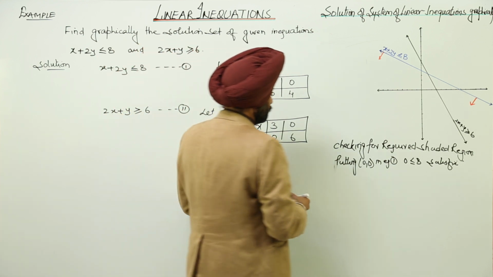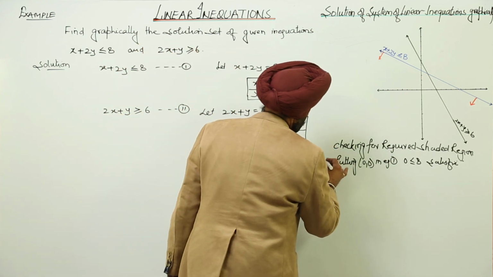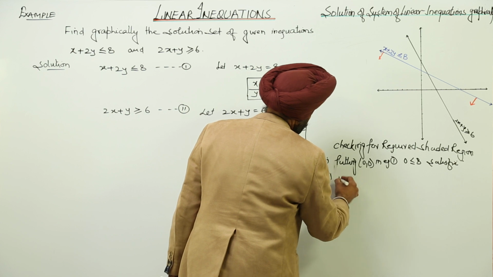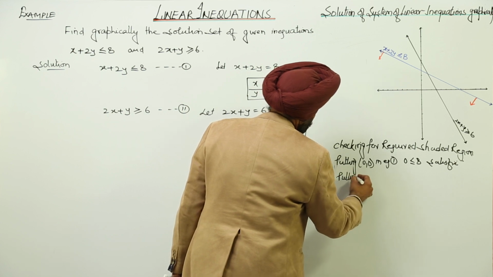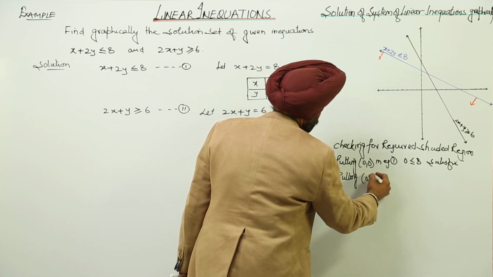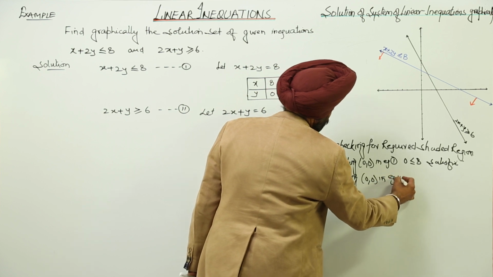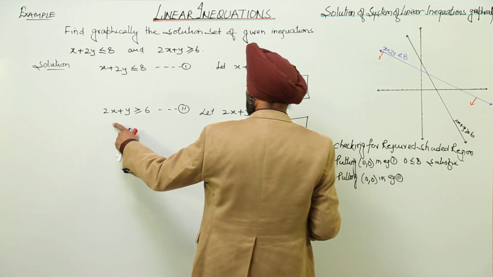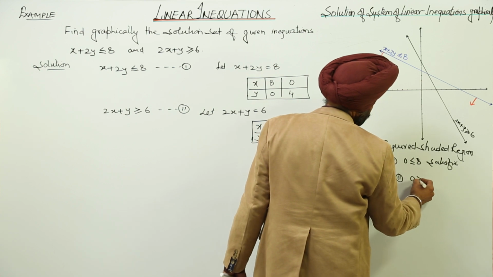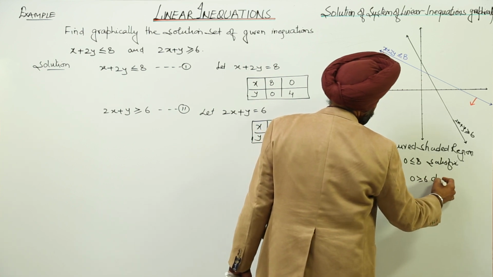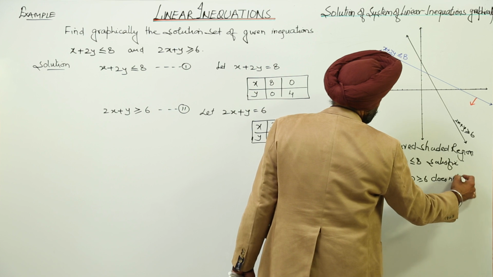For the second part, putting 0, 0 in equation 2. Now 0 is greater than or equal to 6. Does not satisfy.